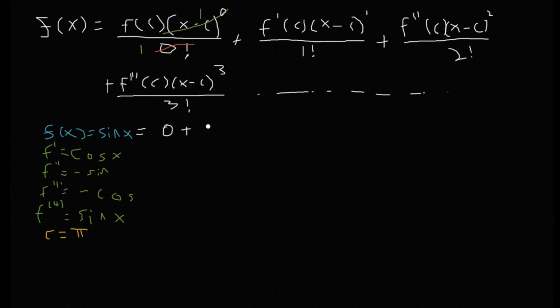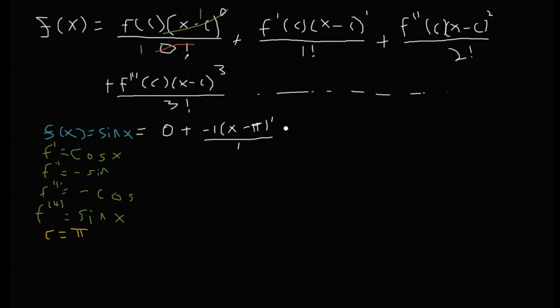And then we're going to say f prime of pi, so the derivative of sine is cosine, so that's cosine of pi, which is negative 1. Negative 1 times x minus c, c being pi, and we literally write x, because we're trying to find a function of x, and so then we divide this by 1 factorial, which is just 1.